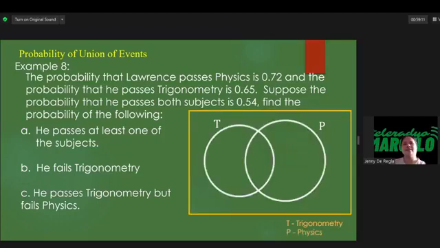So for the given Venn diagram, event T is for passing trigonometry, and then event P is for passing the subject physics, with their intersection, 0.54.